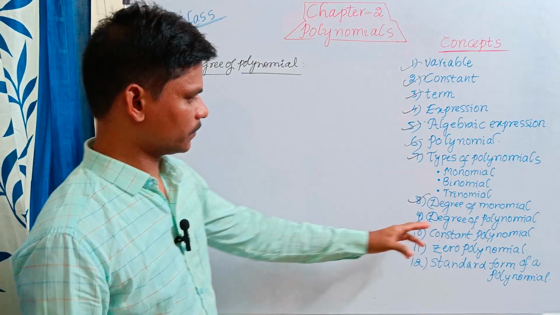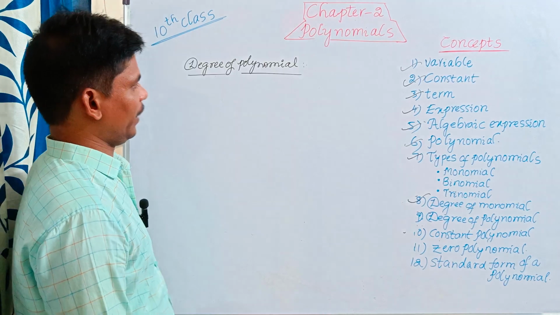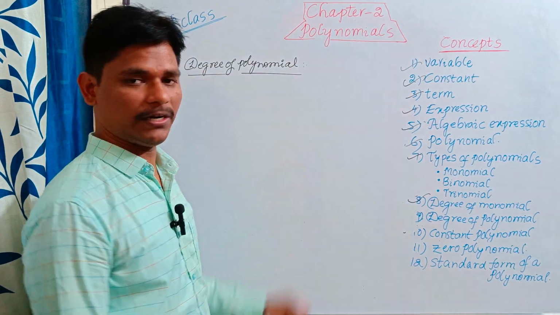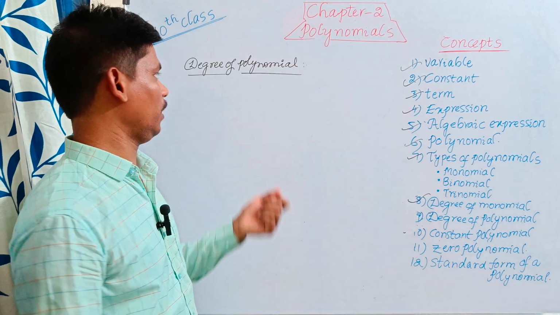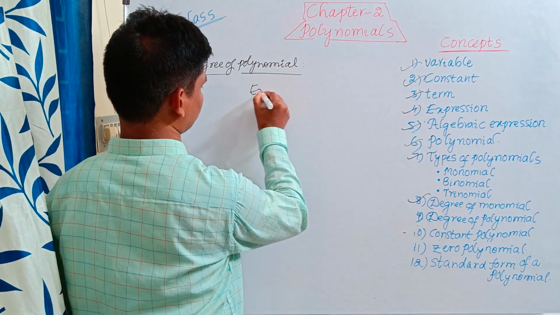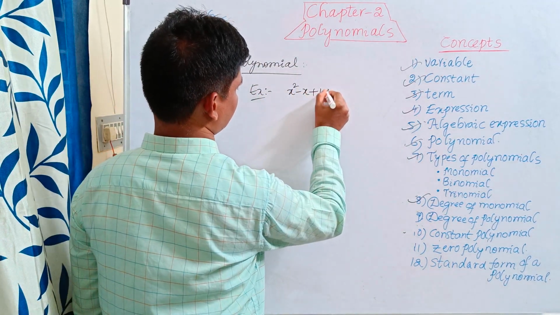Next, degree of polynomial. How is it defined? The greatest degree of a term in the polynomial is called the degree of the polynomial. For example, x square minus x plus 12.